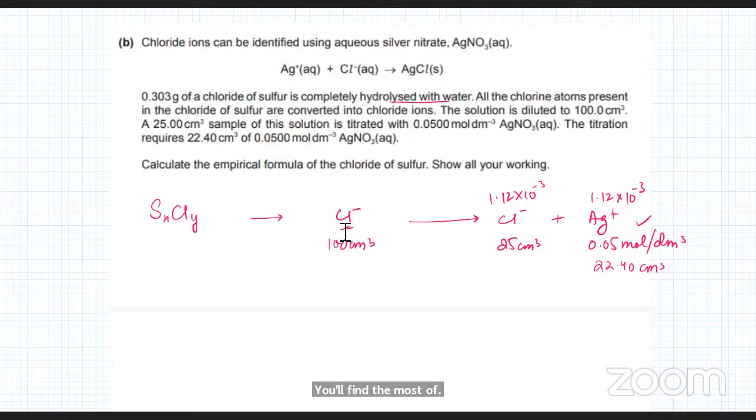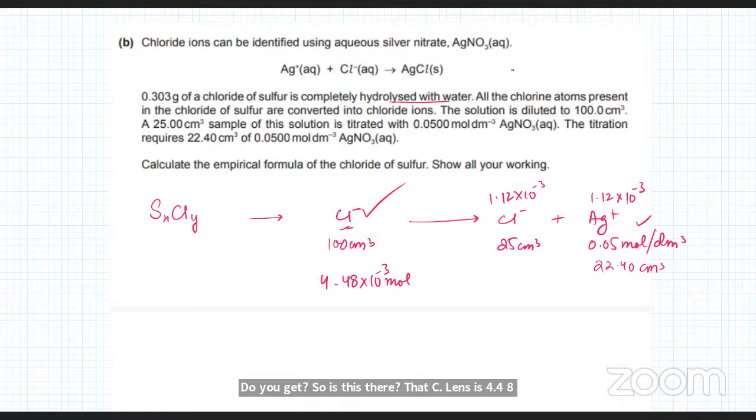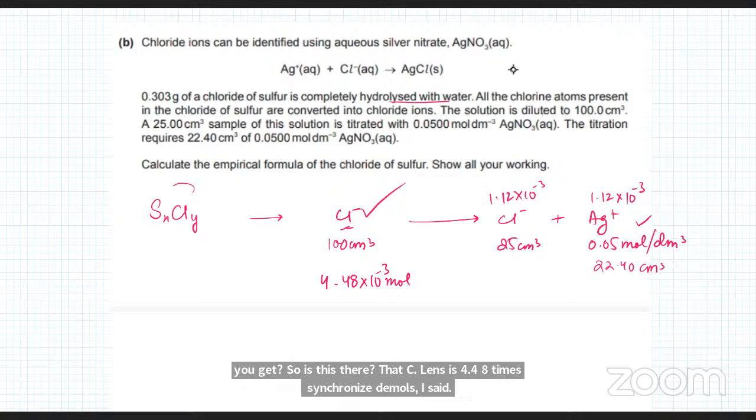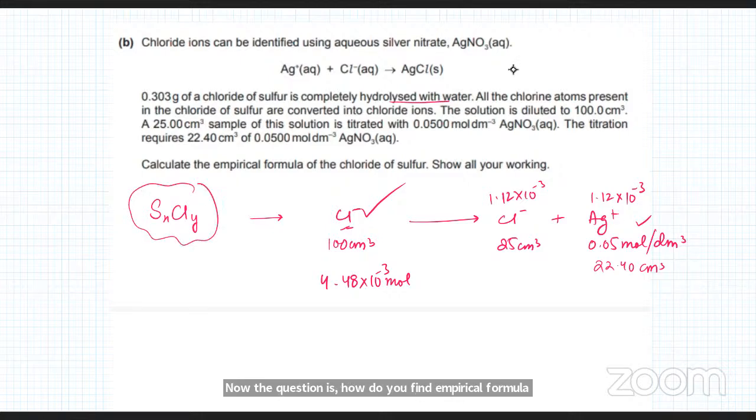Because this is in 25 cm cube. What's 1.12 times 4? That's 4.48. So is it clear that Cl ions is 4.48 times 10 power minus 3 moles? Now the question is, how do you find the empirical formula using this? You can find the mass of Cl.